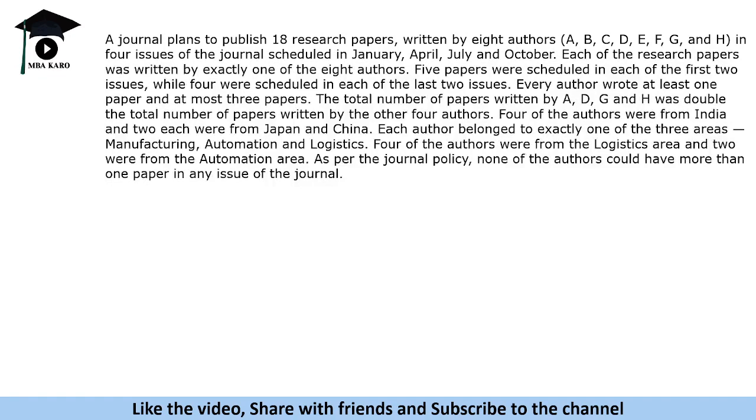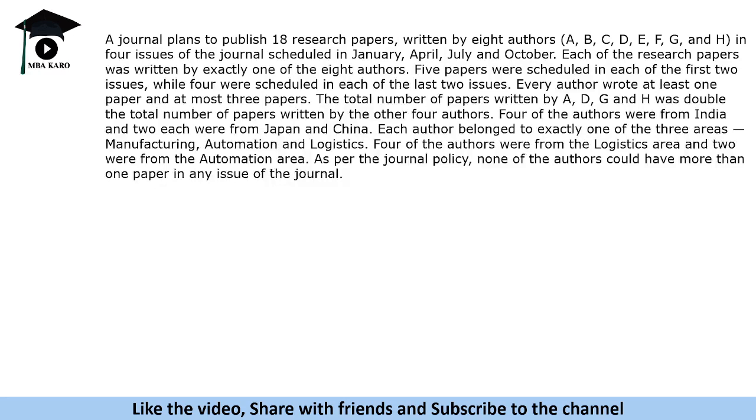It says that a journal plans to publish 18 research papers written by 8 authors A to H in 4 issues of the journal scheduled in January, April, July, and October. Each of the research papers was written by exactly one of the 8 authors.